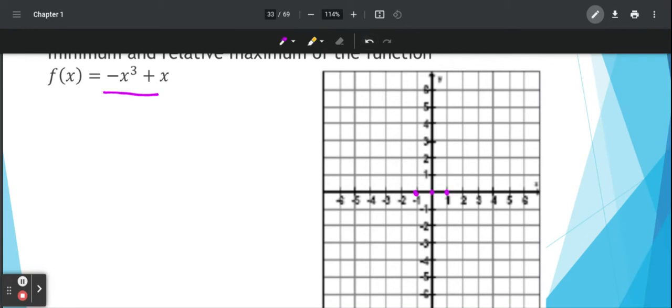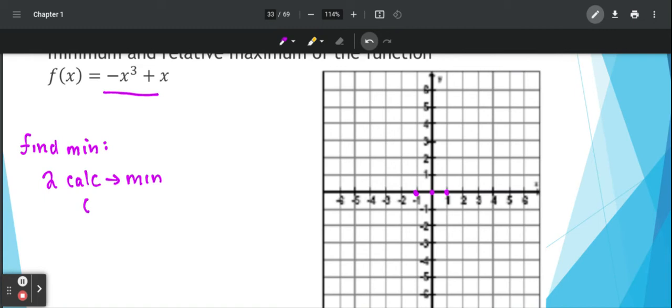As you're sketching your graph, you probably noticed that your intersection points on the x-axis are at negative 1, 0, and 1. And between negative 1 and 0, it has a minimum. So to find that minimum, on your calculator, you're going to go to second calc, choose minimum, and then put your cursor to the left and hit enter, put it to the right and hit enter, and then hit enter again.